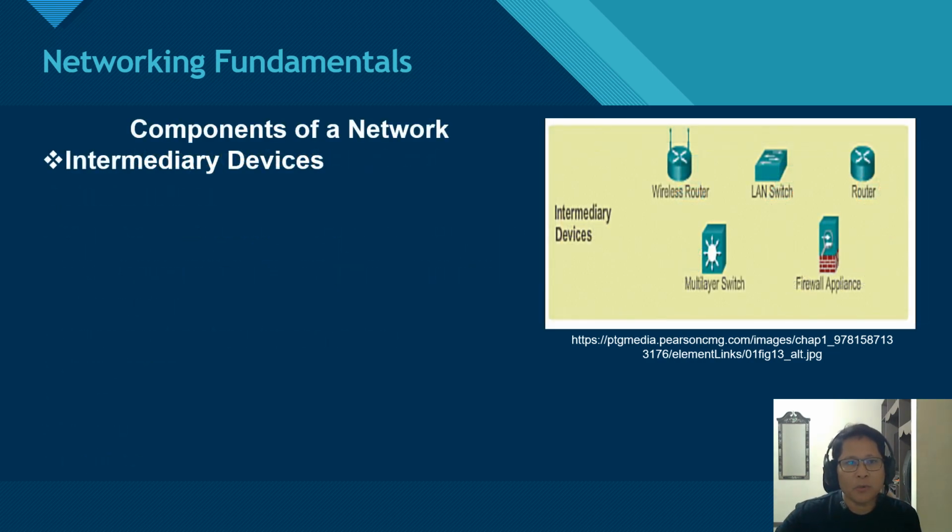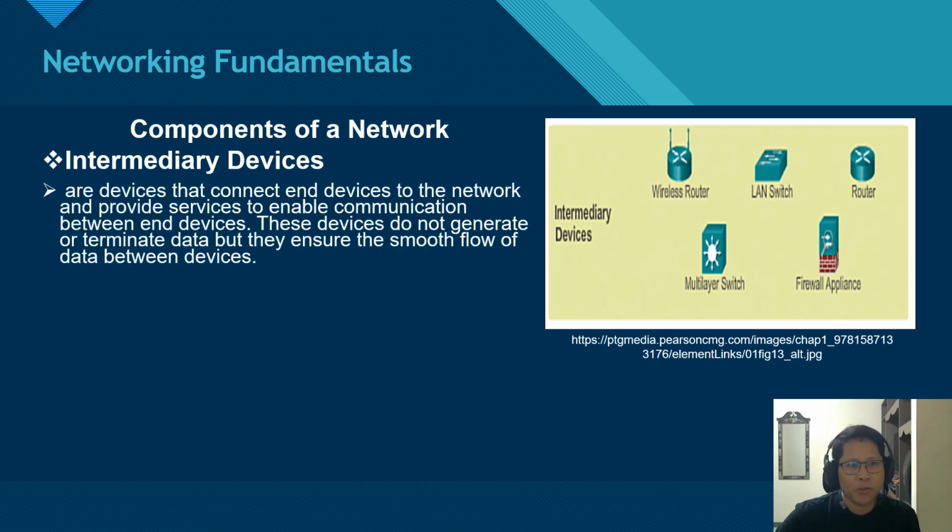The second component of a network is the intermediary devices. Intermediary devices are devices that connect end devices to the network and provide services to enable communication between end devices. These devices do not generate or terminate data, but they ensure the smooth flow of data between devices.